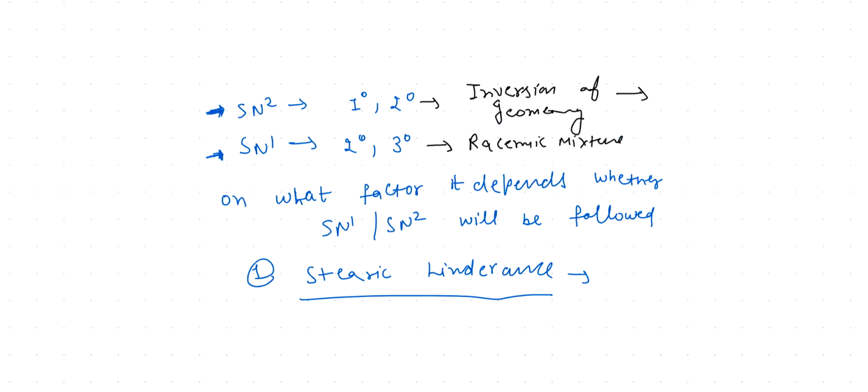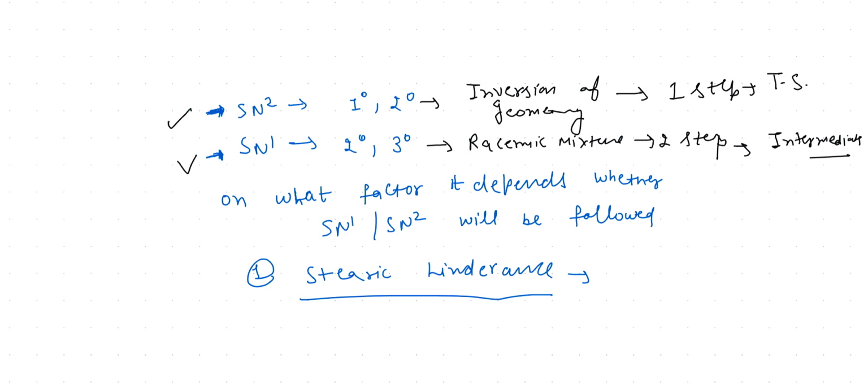SN2 occurs in one step, and SN1 is a two-step mechanism. In SN2, a transition state is formed. In SN1, an intermediate is formed. Okay, so basically this is the difference between the SN2 and SN1 mechanisms.